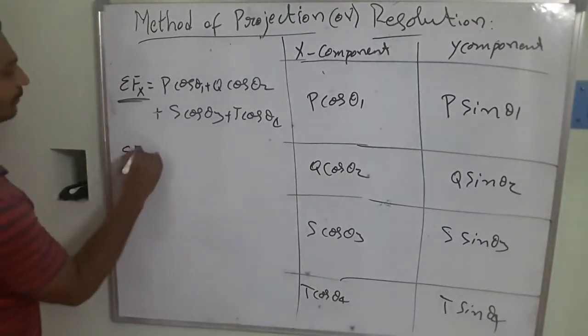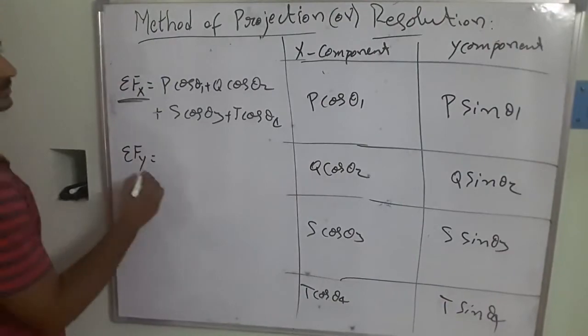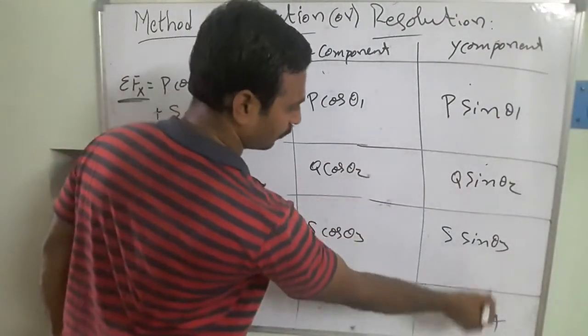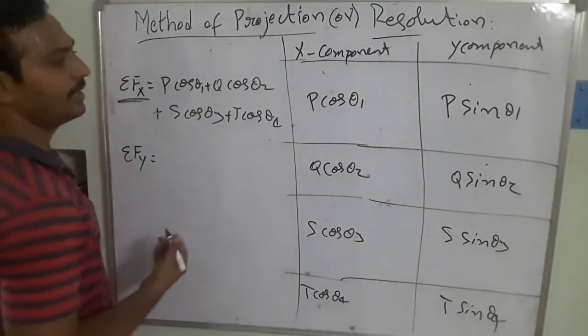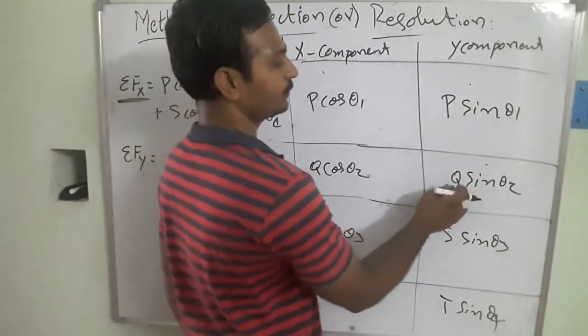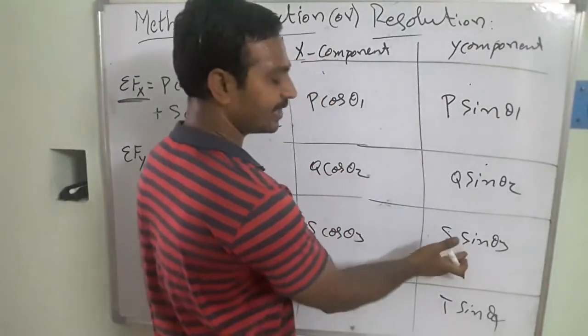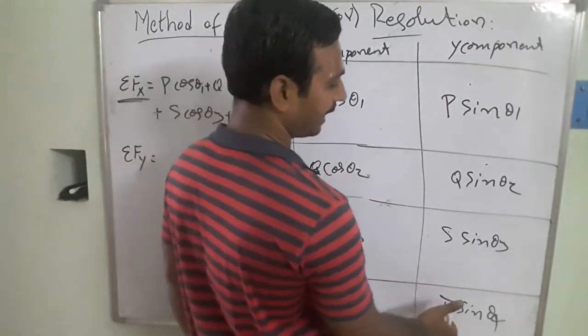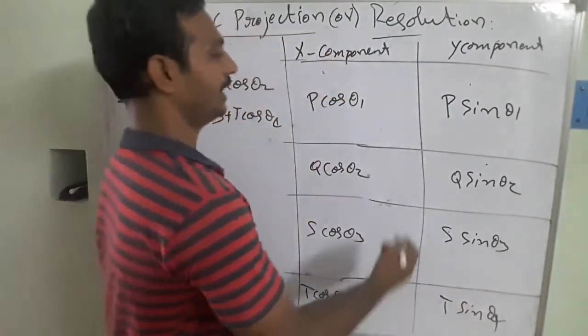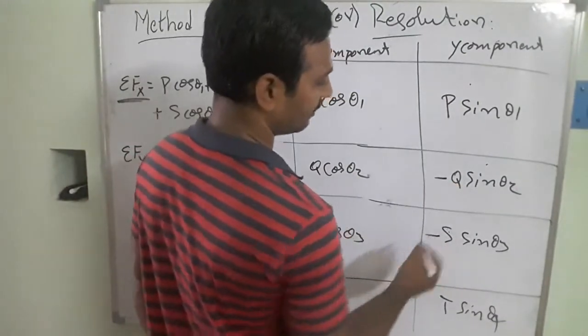Similarly, the summation of the forces Fy is the summation of all these four forces. Some exist in the second quadrant. This force is acting in the vertical direction, this is also vertical. This one is acting directly towards the left side, and this one towards the right side, so these components get minus signs.